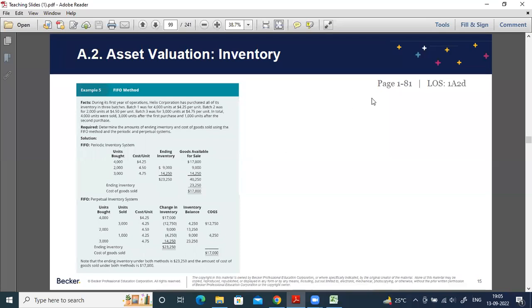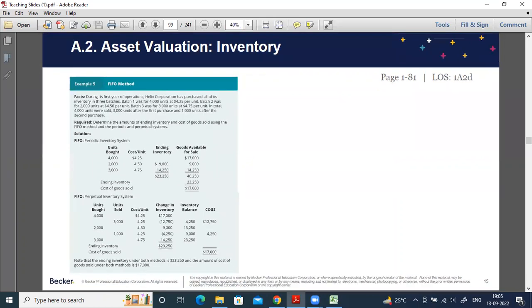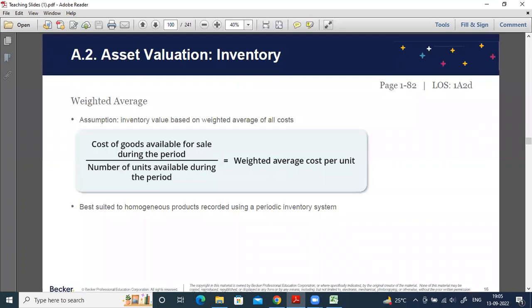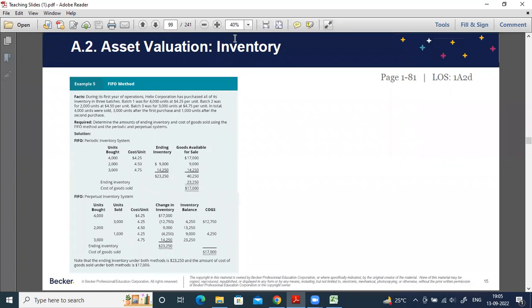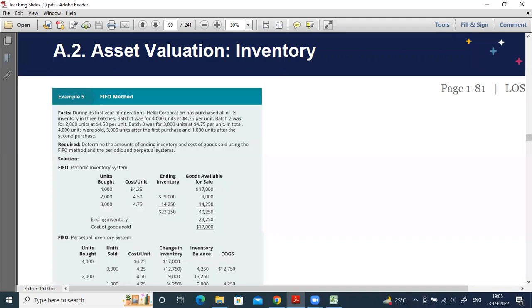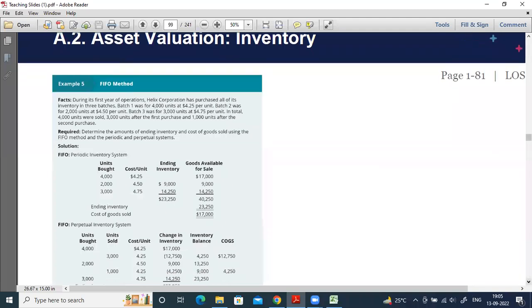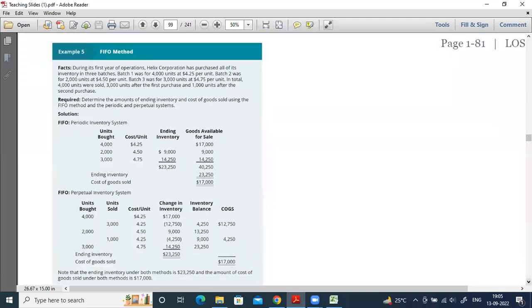Now, shall we see one more question on this? They gave a question. Now, during its first year of operation, Helix Corporation has purchased all of its inventory in 3 batches.